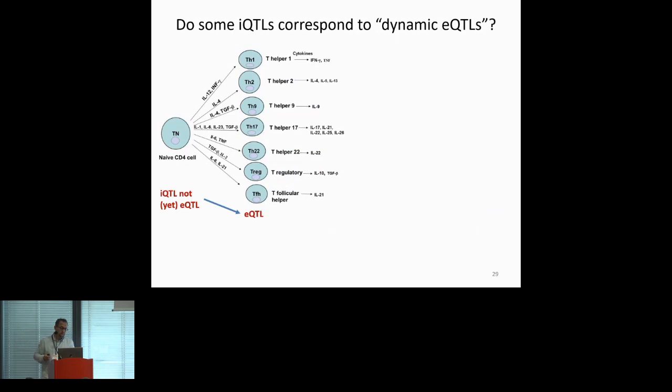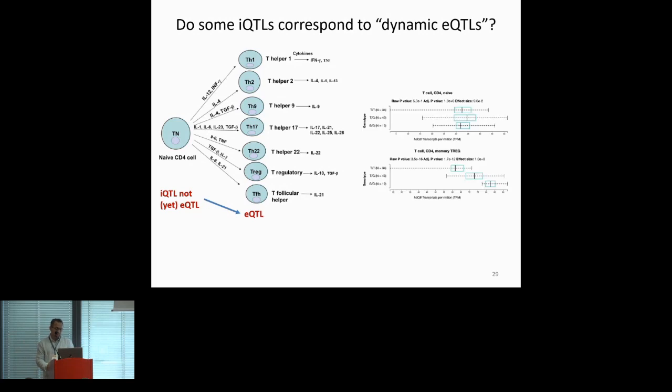So there might be IQTLs in the cell type that you're looking at that are not EQTLs yet, but upon stimulation, differentiation, or perturbation, they may become EQTLs in the next stage. So we did find such examples, and such examples have been called dynamic EQTLs in the literature.